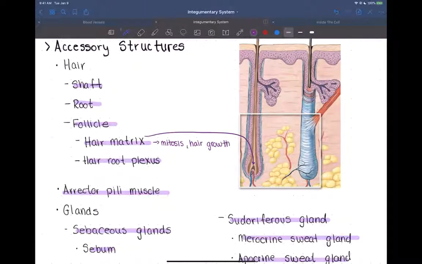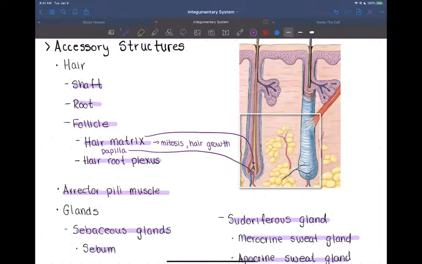Okay. And then associated with that matrix, and I'll add this below it, is the hair papilla, right? So the papilla, we talked about the word papilla last time with the dermal papilla. Remember, that's just a projection. So the papilla here with the hair is going to be this projection just below it.